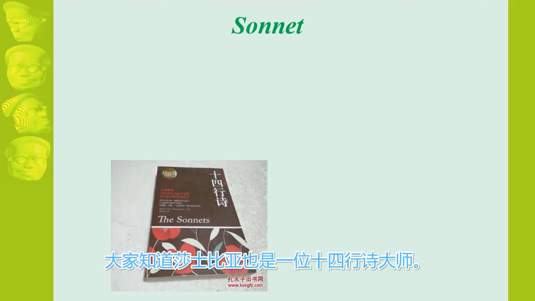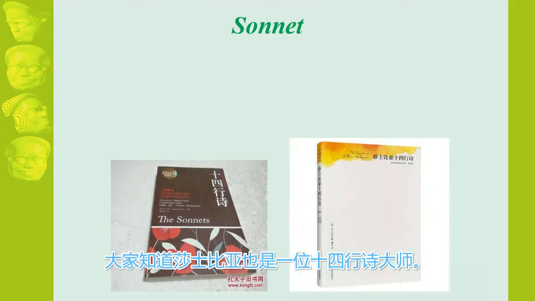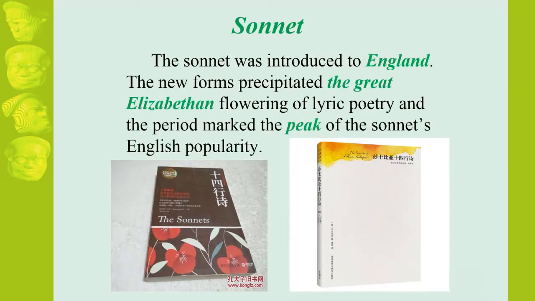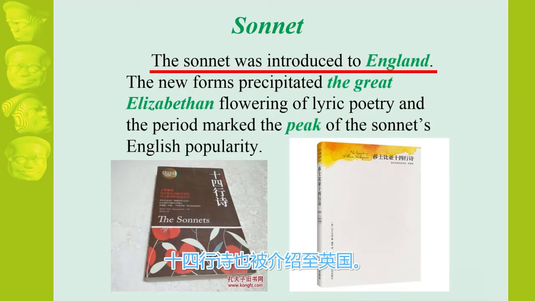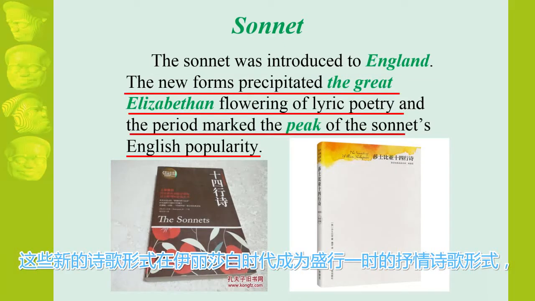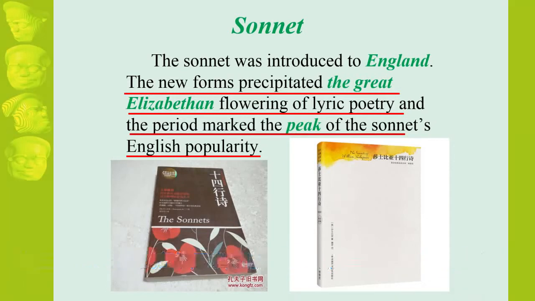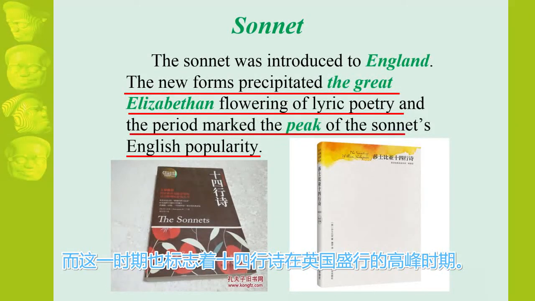And you know, Shakespeare is a great poet of sonnet. The sonnet was introduced to England. The new forms precipitated the great Elizabethan flowering of lyric poetry, and the period marked the peak of the sonnet's English popularity.